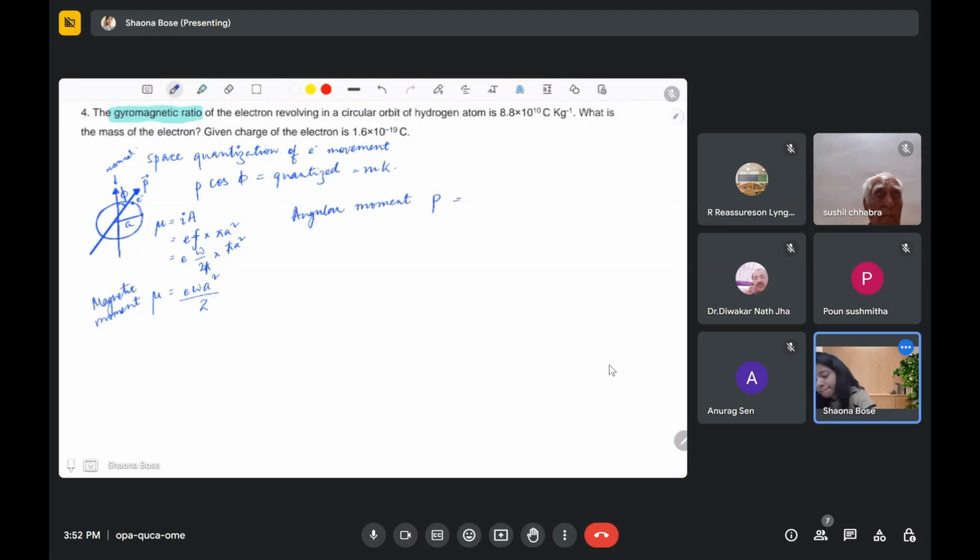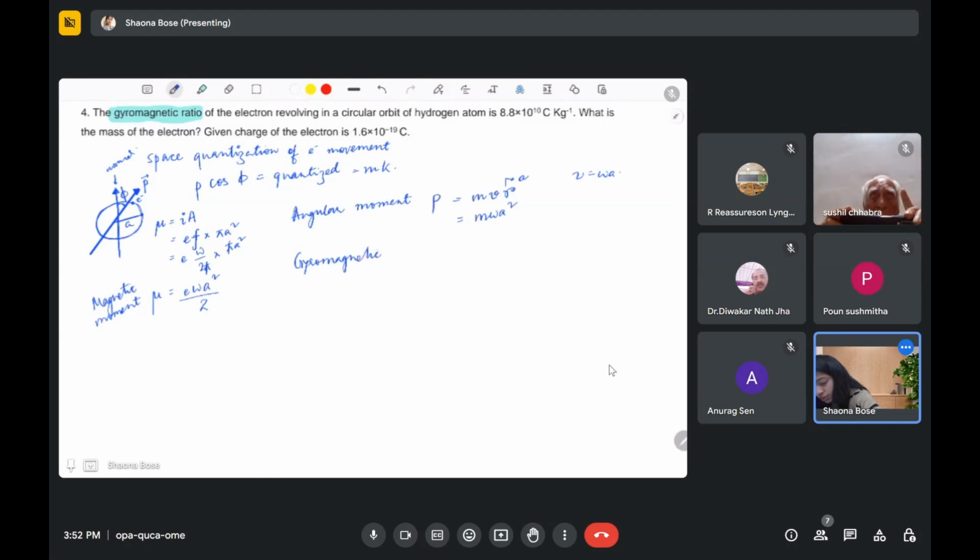So this is P, that will be, as you know, mvr. So in here r is a, the radius. So you have m omega, and v is omega a. So m omega a square.